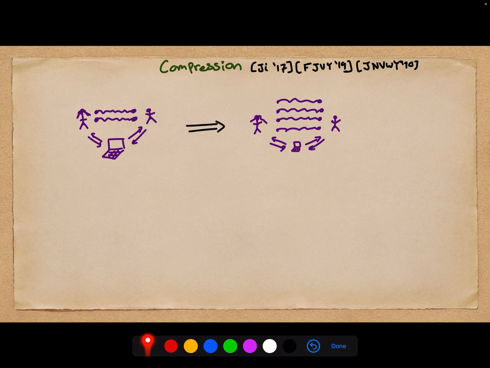So a compression theorem allows us to take a non-local game and reduce it to another non-local game where the values of these games are related to each other. Namely, if the original game was perfectly winnable using a quantum strategy, then so too should the outputted game.